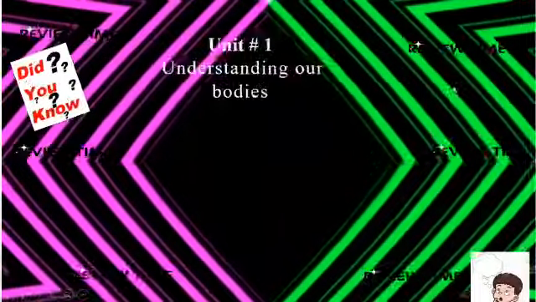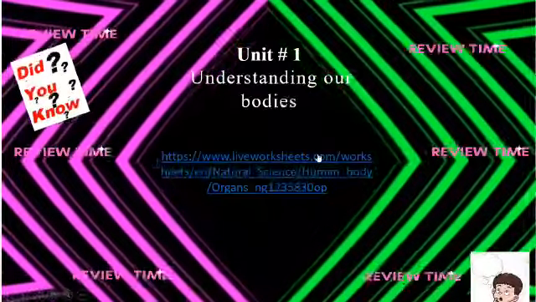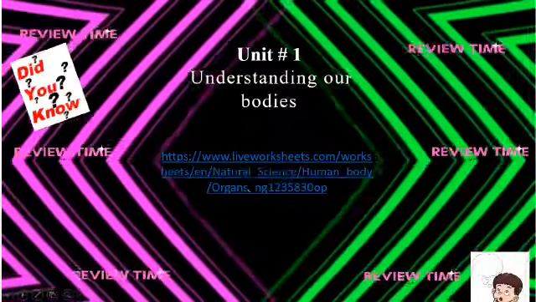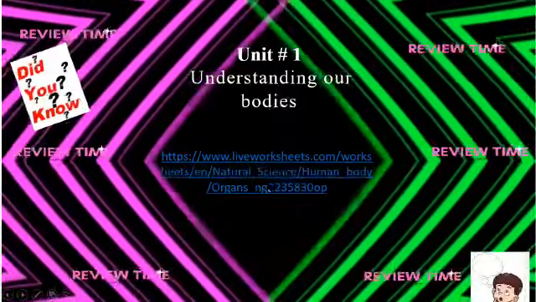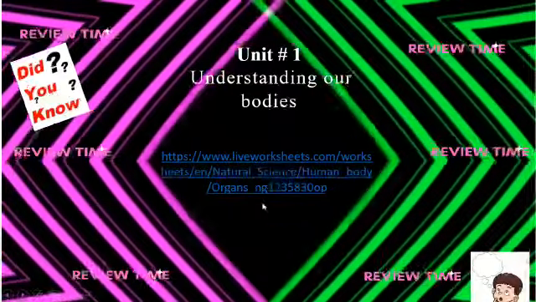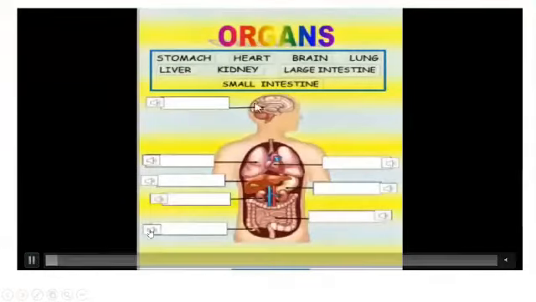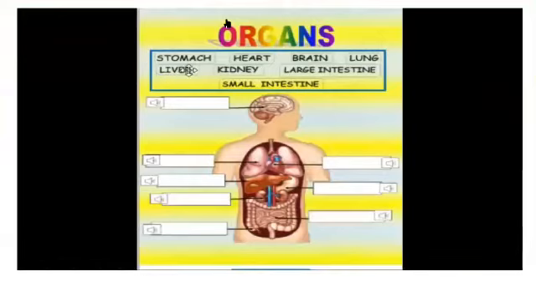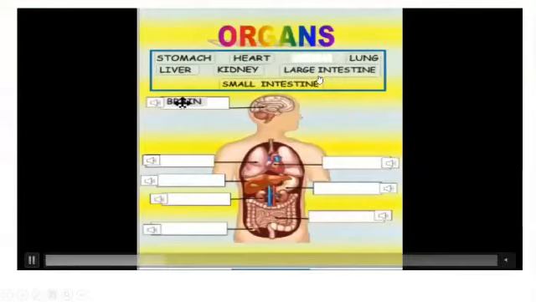So are you ready, students? We are moving on to the site in which there is a name of human body organs. We'll check, and then you can do it by your own as well. Here are the organ names, and you have to listen to the voice and then put it.